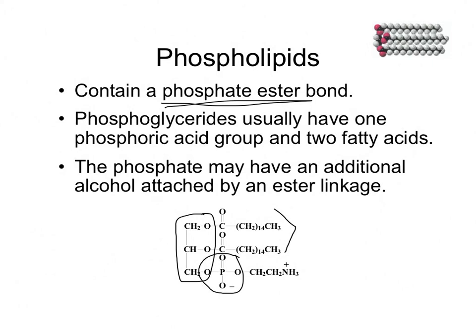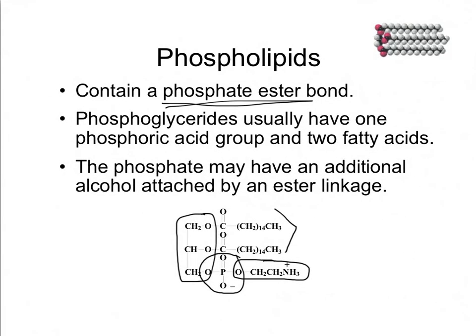The phosphate will generally have an additional organic molecule attached to it. This particular one has an alcohol attached to it. You can outline it right there. It's called choline, and that actually is fairly common to have in there. By looking at this molecule, you can see that similar to a triglyceride, we have a non-polar portion, and that would be the 2 alkyl groups.